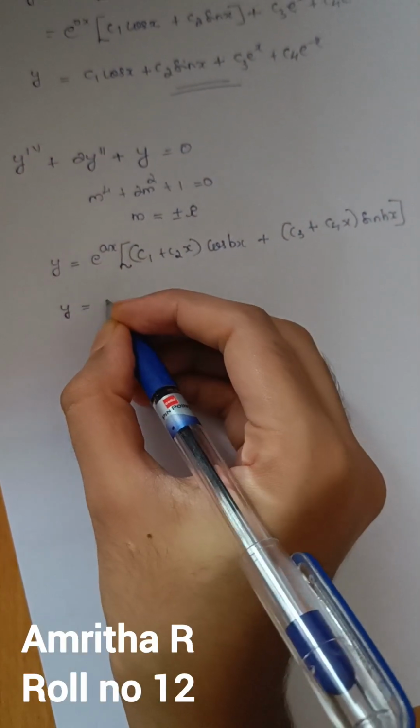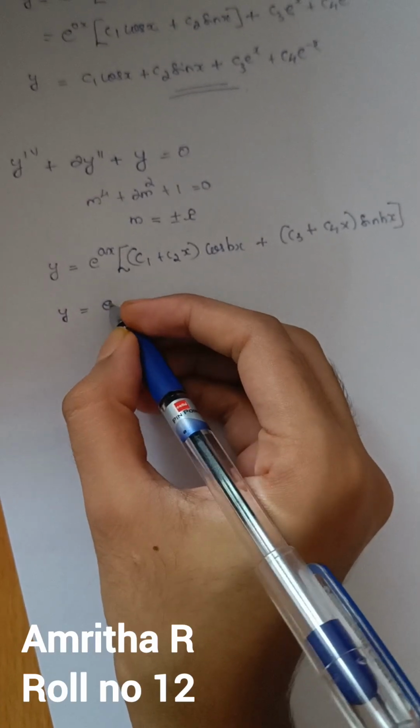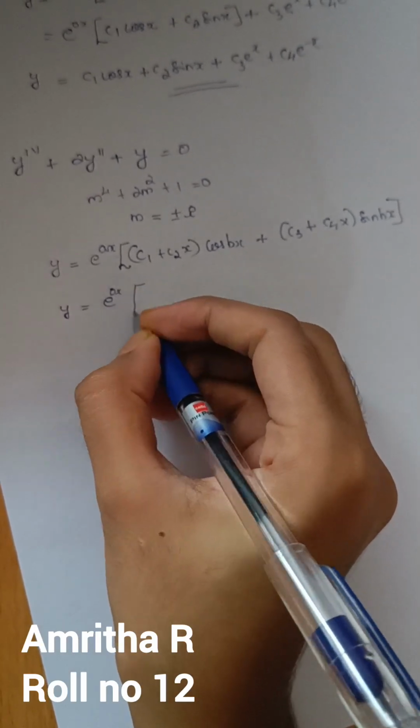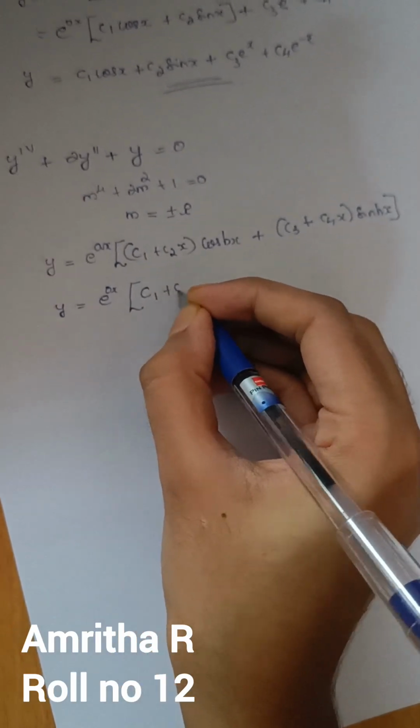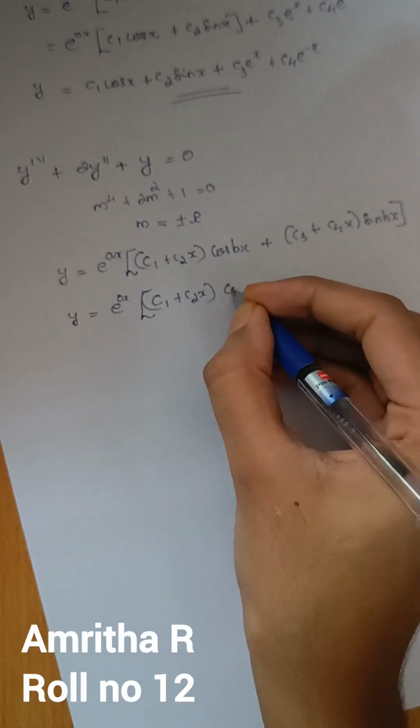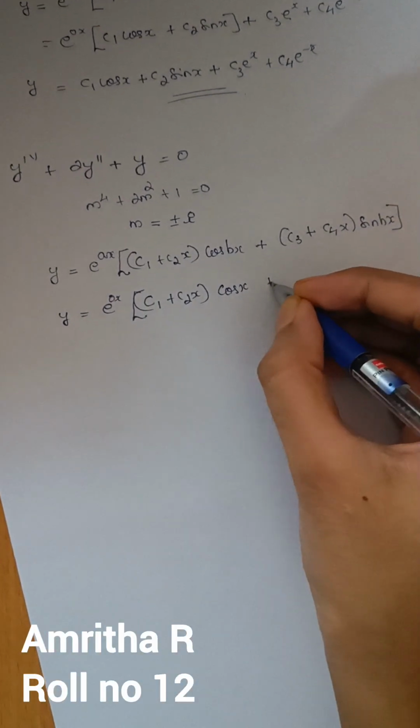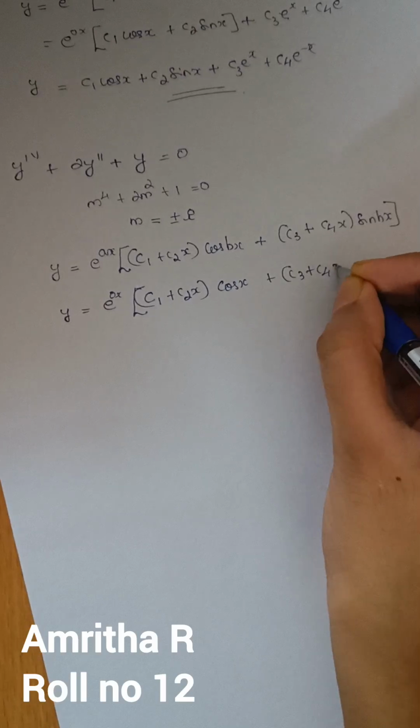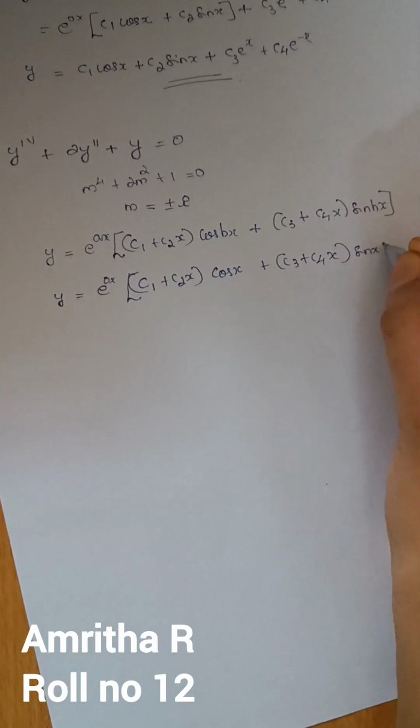Next, y = e^(0x), which is equal to 1, times (c1 + c2 x) cos x, since b is 1, plus (c3 + c4 x) sin x.